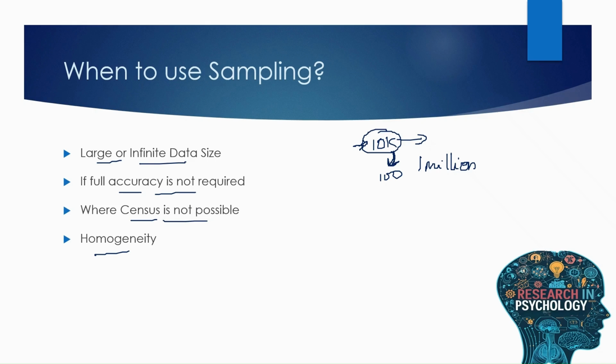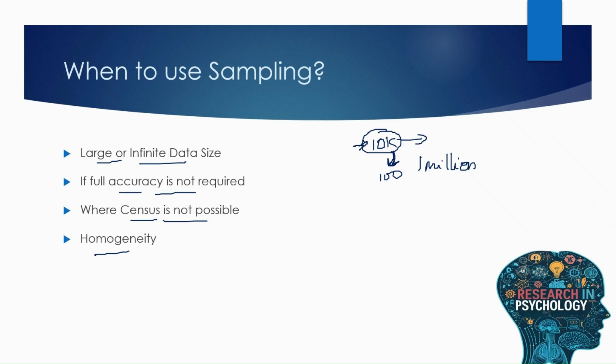So homogeneous means the units in the population are very similar to each other, with not much variability. In such cases, it would be good to just choose a sample, because there won't be any outliers in the data. Whatever data you collect will fall in a common group or within a common range. So that's what is meant by homogeneity.